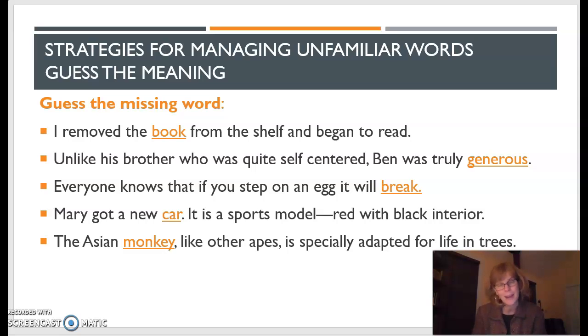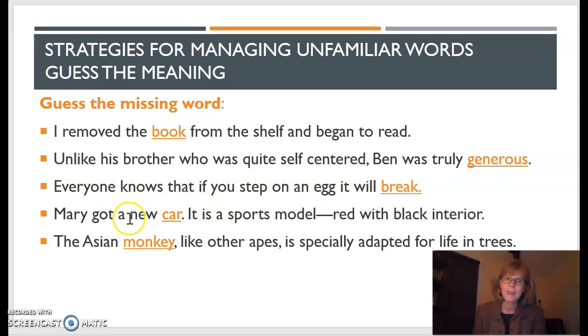You might have chosen some different adjectives. For number 3, I needed a verb. And this one is really based on the context. If you step on an egg, we all know what will happen. It will crack, break, smash. A verb that really lines up with your experience.